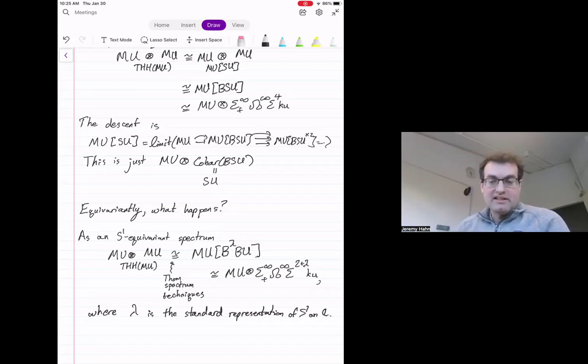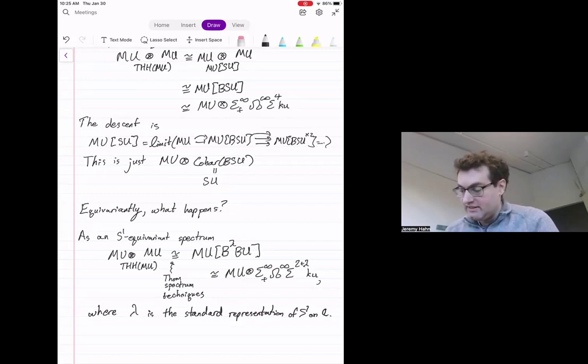And so you can see that non-equivariantly that matches up with this sigma 4 ku we had earlier, but now when one's careful about the equivariance, you really see 2 plus lambda. Okay, but lowercase ku is a complex-oriented spectrum, right?